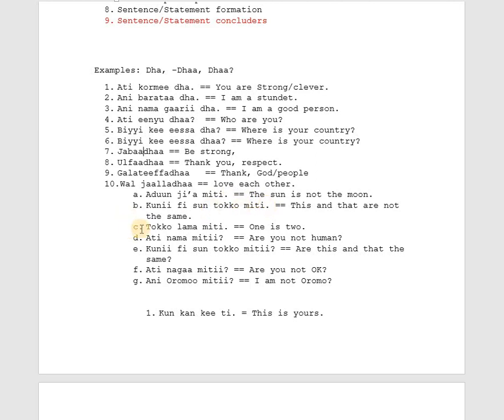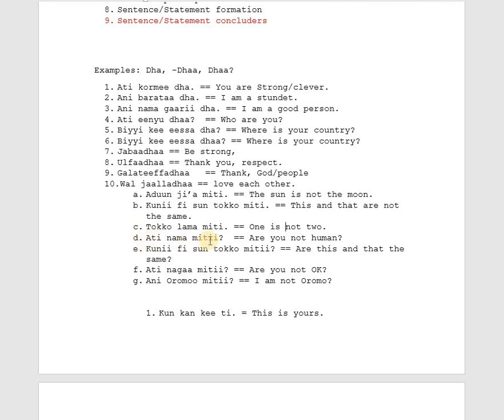But when it comes to a question, tokko lama mit. Well, this is also affirmative, sorry. Tokko lama mit. One is not two. So that's affirmative as well. And here it is a question.